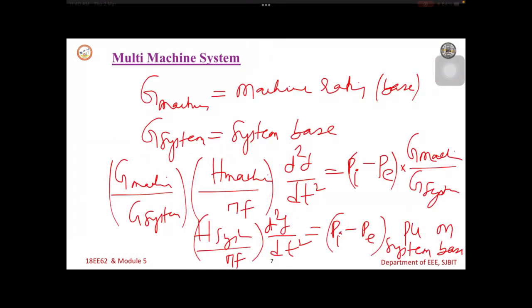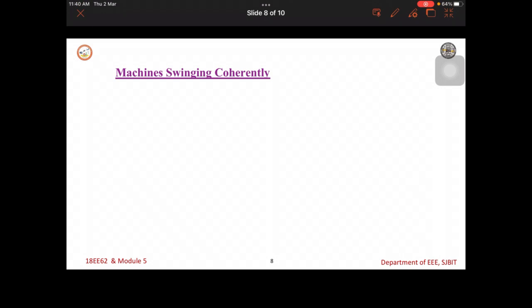Now, we will see the next concept, that is machines swinging coherently. That means, if multiple generators are connected in parallel, and there is any disturbance in the terminals of the generators connected in parallel, all the generators get affected due to the disturbance in any one of the generator terminals, because all the synchronous machines are connected together.